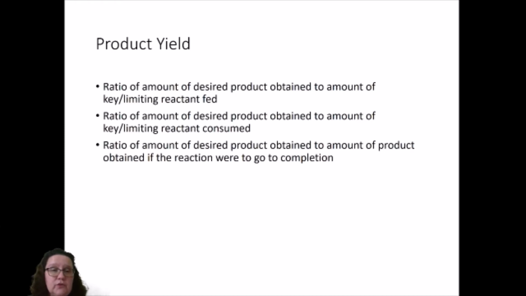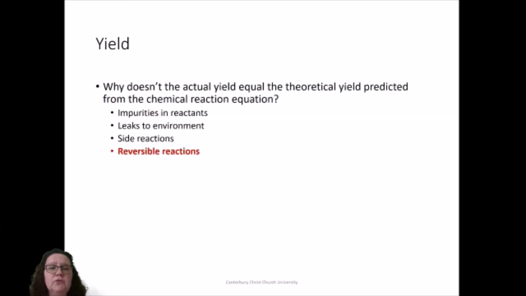So you could also define the yield, for a reaction not using stoichiometric quantities, as the ratio of the product obtained to the amount of the limiting reagent or key reagent that you have. In an ideal world, we would expect our reaction to have a yield of 100%.